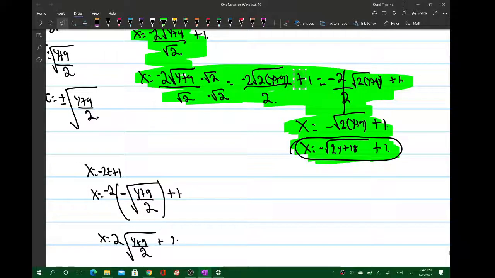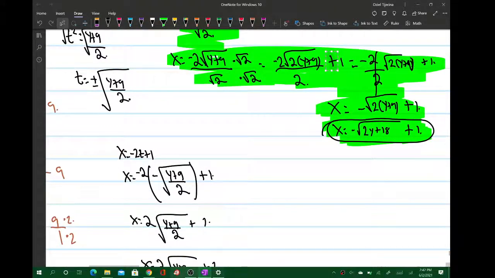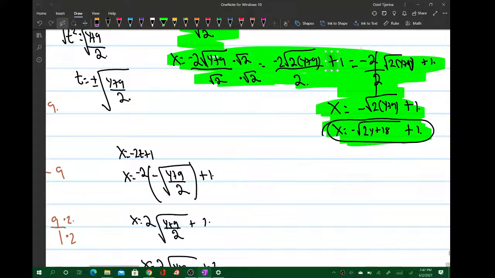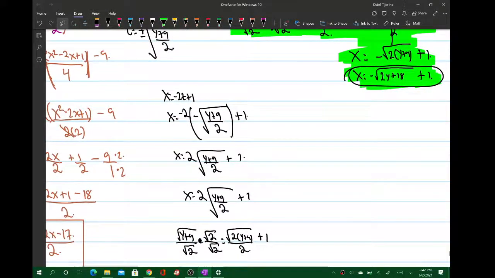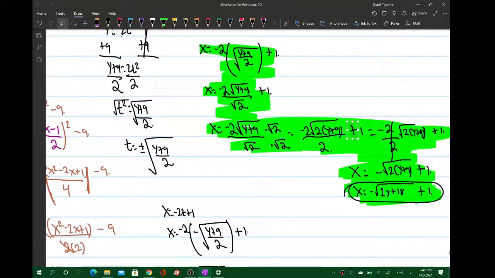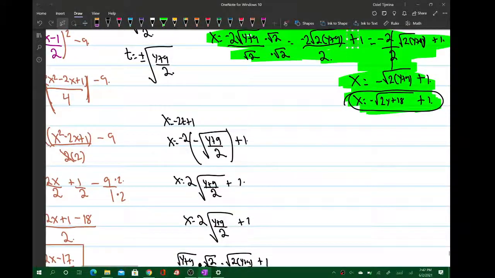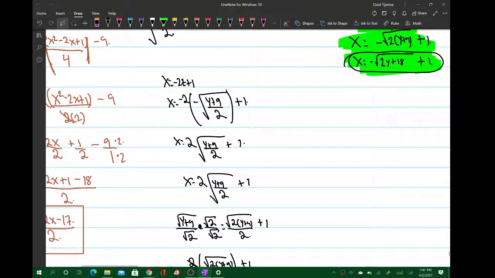I did the distributive property on the inside of the square root, 2 times y plus 9, and from there I got negative the square root of 2y plus 18, plus 1. Then I did that again for x, but this time it was the negative square root, because over here we did positive square root, so now over here we're doing negative square root, right?